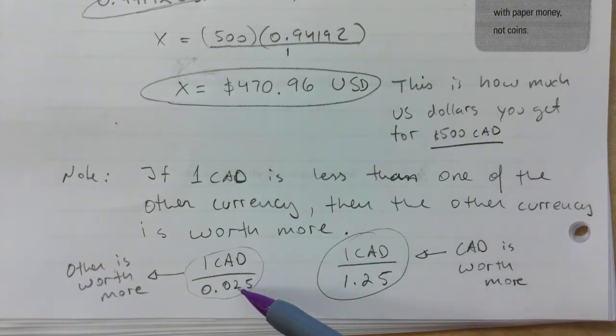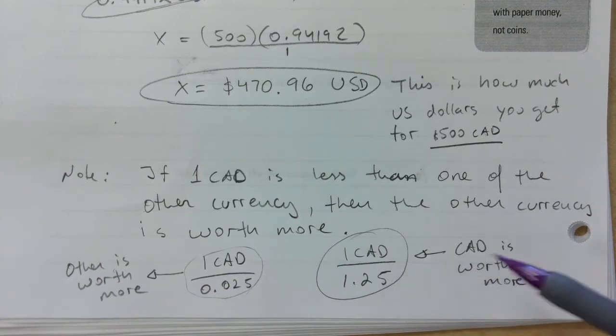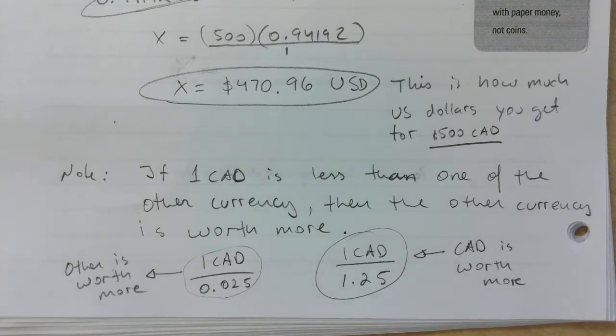So if this value is less, then theirs is worth more. If this value is greater, then ours is worth more. Might be a little counterintuitive, but it is.